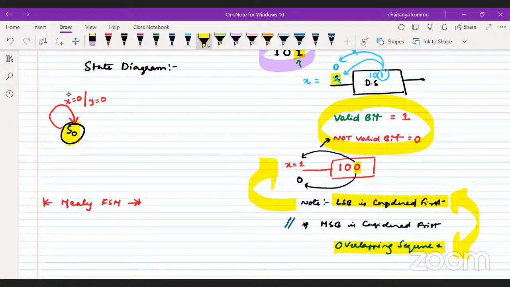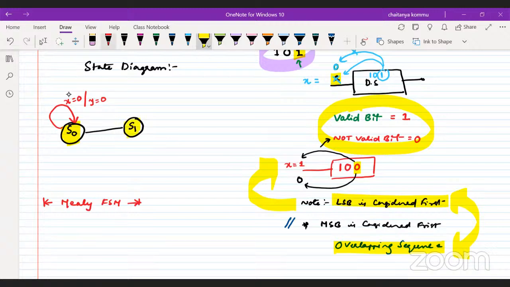Now, the first bit possibility 0 is completed. Now it has come 1. For example, 1 has come instead of logic 0. Obviously the digital system will change its state and move to the next state, which is called S1.